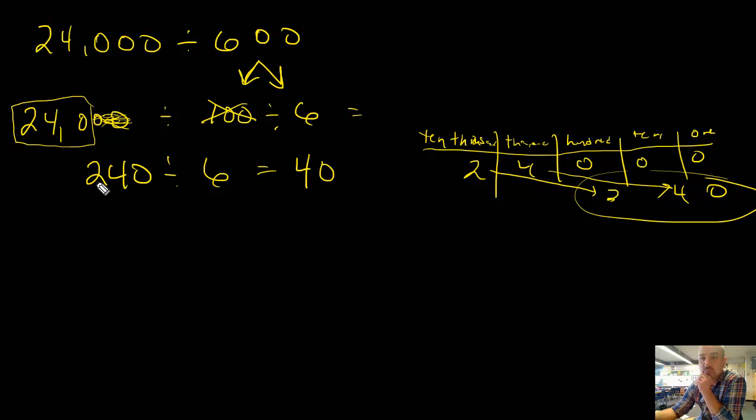So 24 divided by 6 is 4, add my 0 on, and I get my quotient of 40. This is another way of looking at it, where you decompose this down to get the quotient. You can also use your place value disks to get that same idea, but breaking this down into something a little easier to understand and do is definitely going to help you out here.